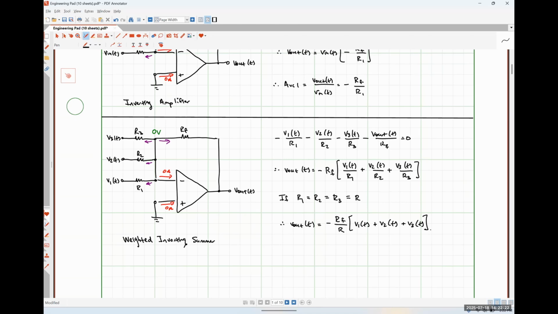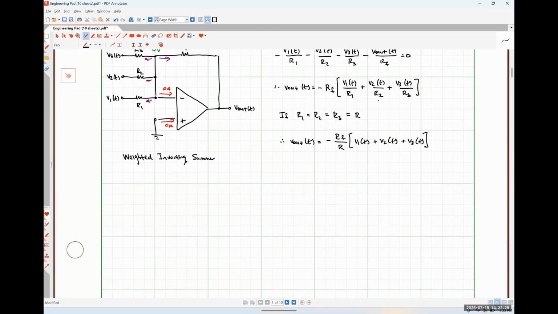So this inverting summer is actually how that bathroom scale works. Essentially, I'm going to draw a very crude picture here. How my bathroom scale works is it's a big rectangular thing, and it's got a spot over here on the left for me to put one foot, and a spot over here on the right for me to put another foot.